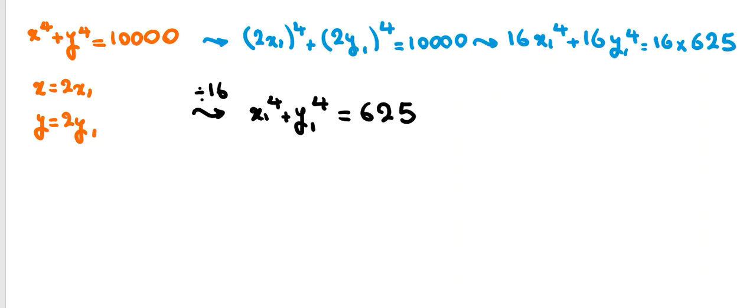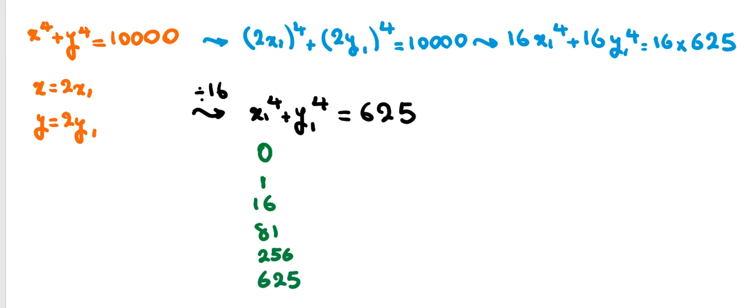Now, x1 to the 4, let's start from the smallest case. It can be 0 and 1 to the 4, 2 to the 4 is 16, 3 to the 4 is 81, 4 to the 4 is 2 to the 8, which is 256, and 5 to the 4 is 625.